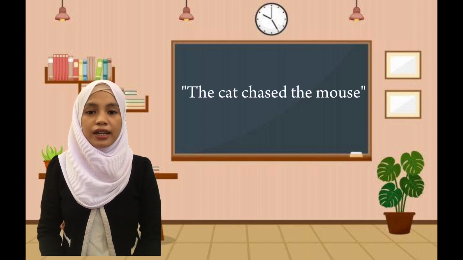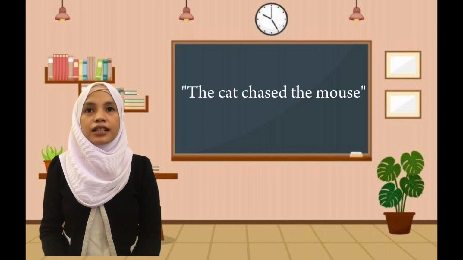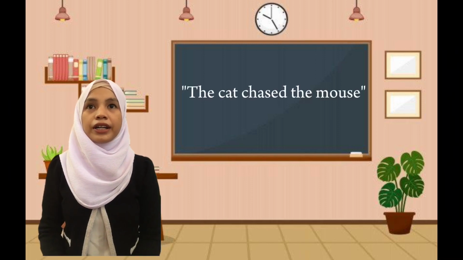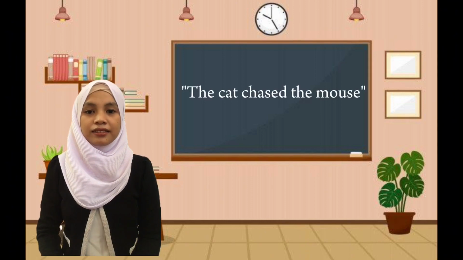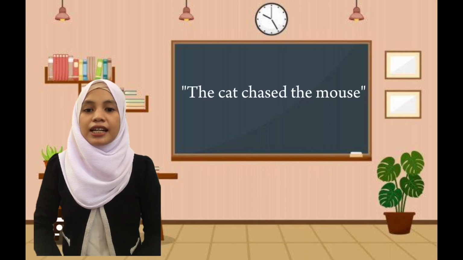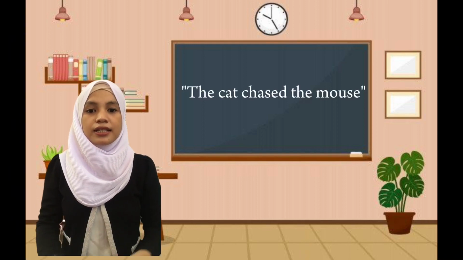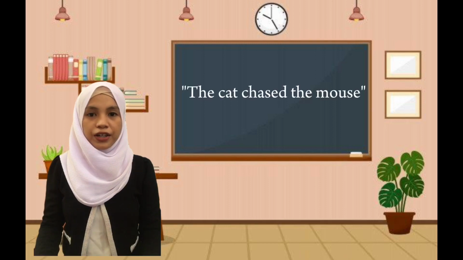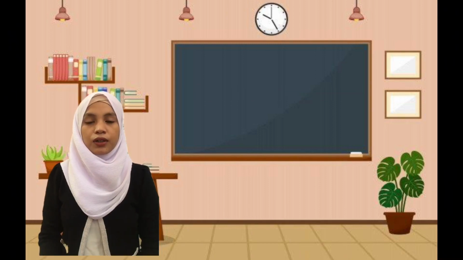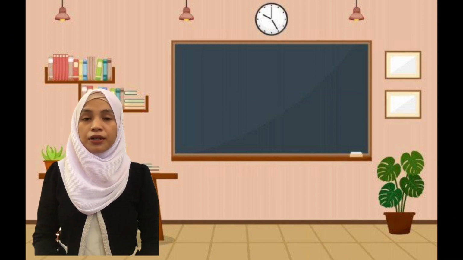Where do you think is the subject and the object? Okay, very good. The subject is the cat and the object is the mouse. Very good. Okay, so any observation?